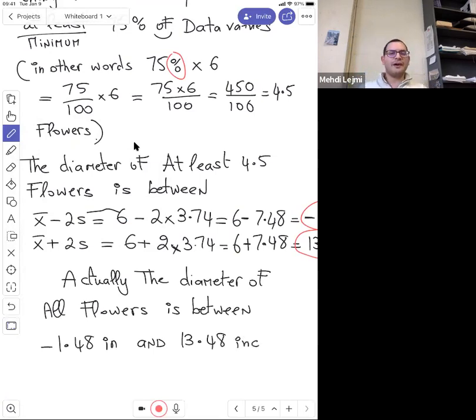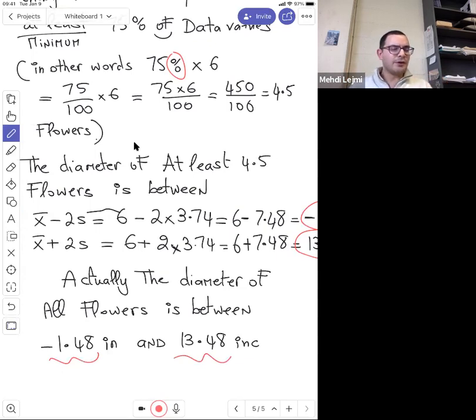Not just 4.5 flowers, but all 6 flowers have their diameters between these two numbers. So you see, the theorem predicts the minimum number of flowers with diameter between these two numbers. The theorem says we have at least 4.5 flowers out of 6 with diameter between negative 1.48 and 13.48. But of course here, as we can check, all the flowers have their diameter between these two numbers, not just 4.5 flowers.